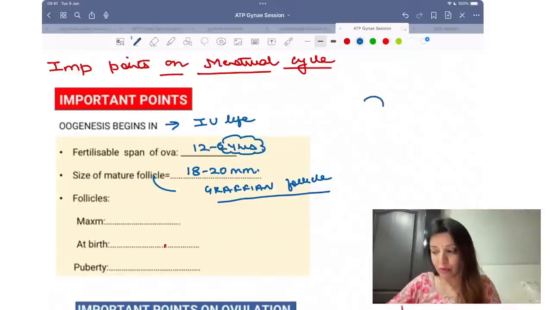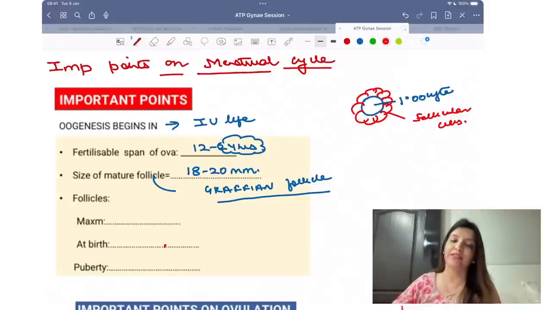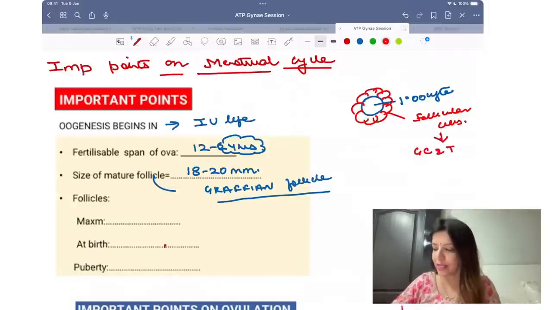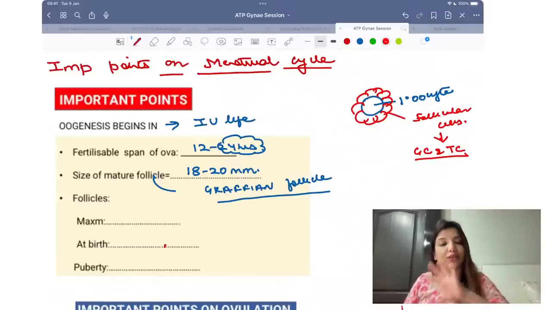I am sure all of you remember, I have told you in class, it is a primary oocyte surrounded by follicular cells, and these follicular cells then differentiate into granulosa cells and theca cells. GC is granulosa cells and TC is theca cells. So this structure is what is called a follicle.